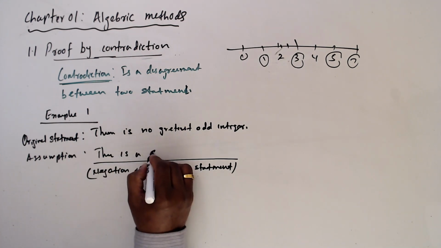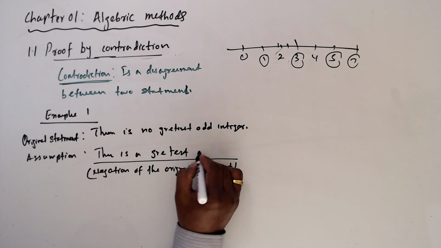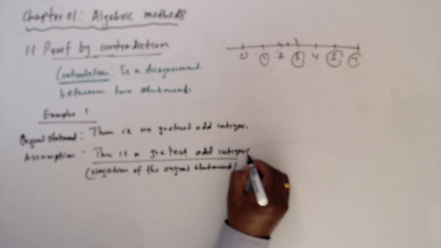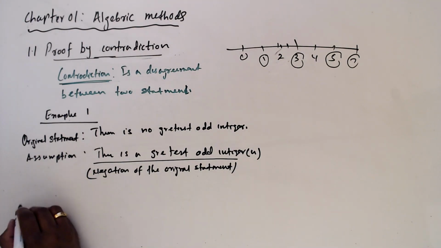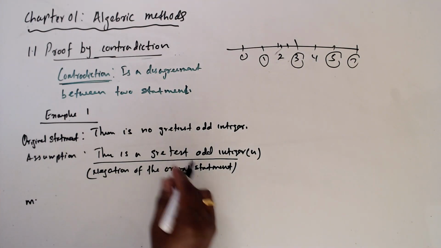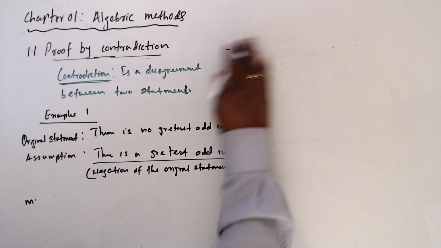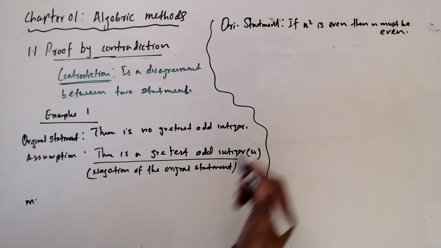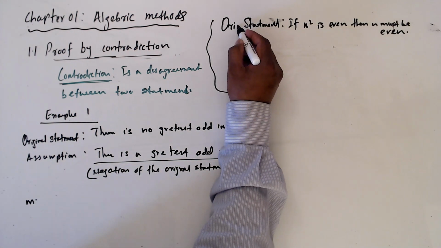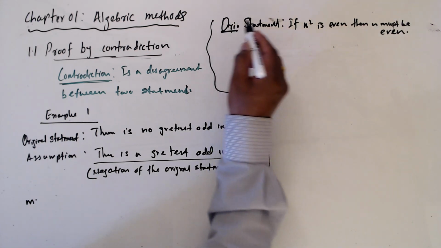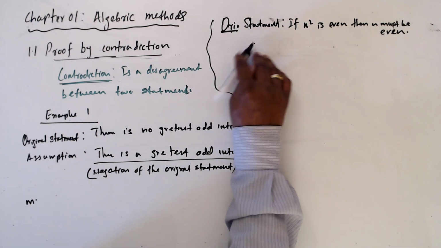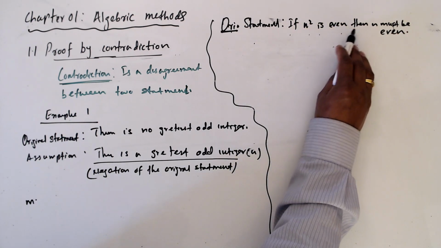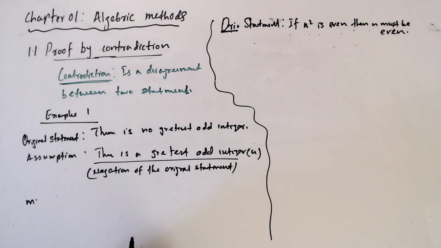Let's take that greatest odd integer to be n. Now we'll discuss another one. I wrote the original statement in a simple way, which is not an acceptable way, but to save space: if n square is even, then n must be even.